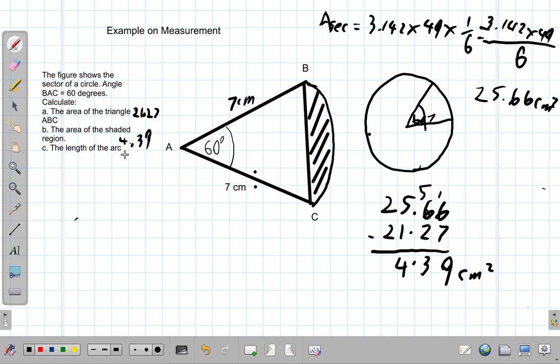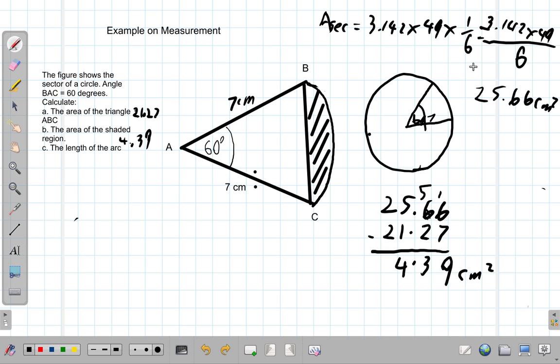After that, now the length of the arc. The length of the arc would be the length of all of this part here. If you should use a tape measure and measure that, what would you get as the length? Again, we look at the whole circle.